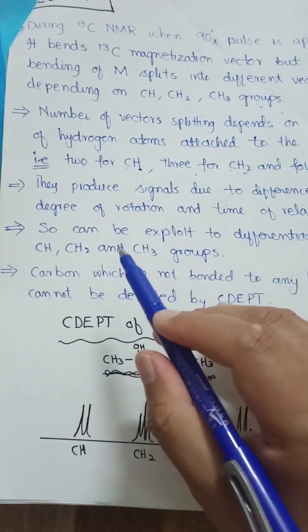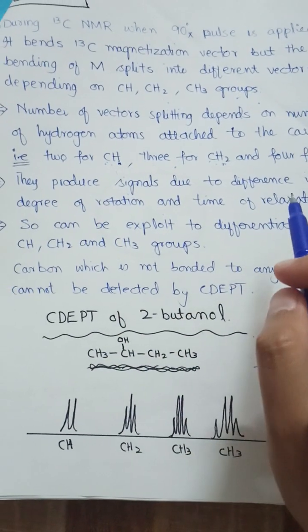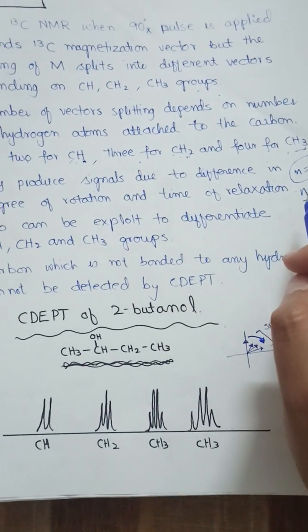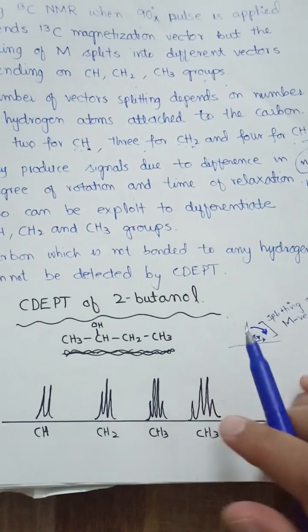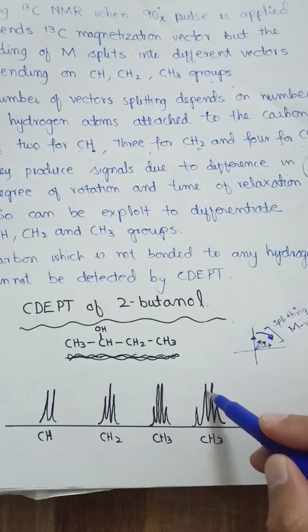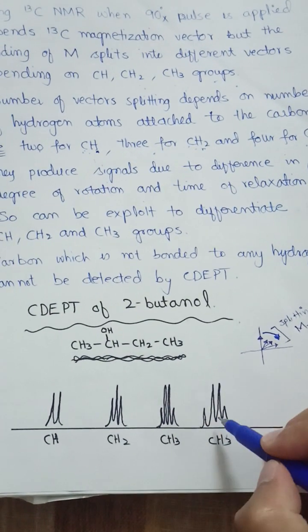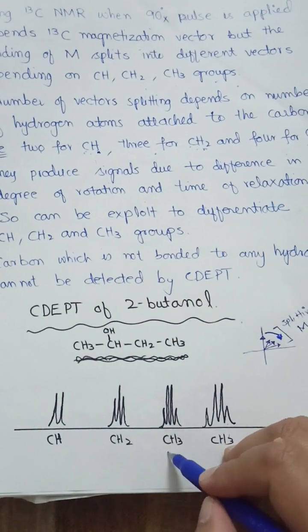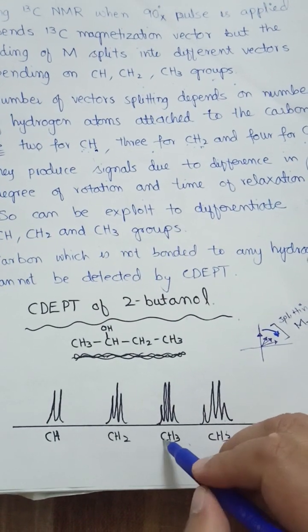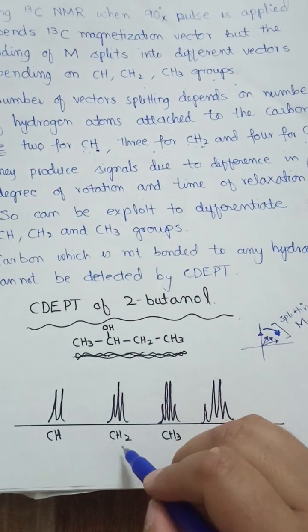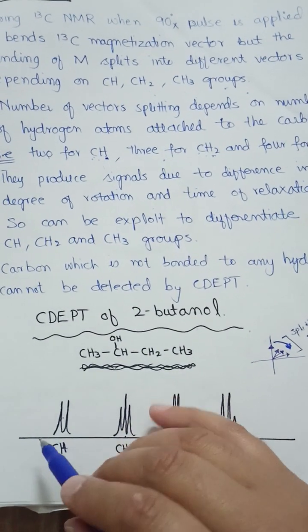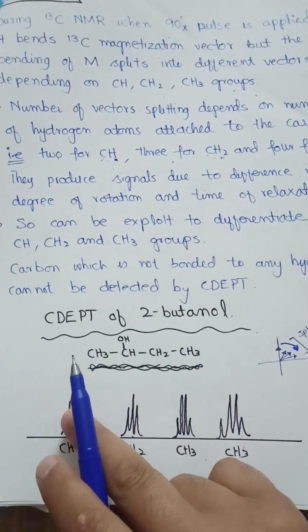So due to this difference in degree of rotation and time of relaxation, the carbon signal will split into different peaks. So that's why for CH3 we will get a quartet, CH2 we will get a triplet, for CH we will get a doublet, and for C we will get no signals.